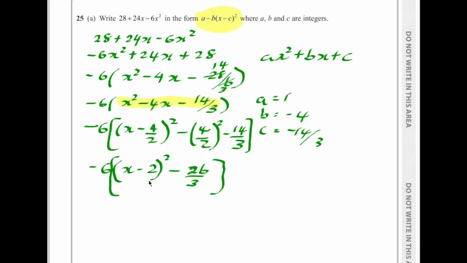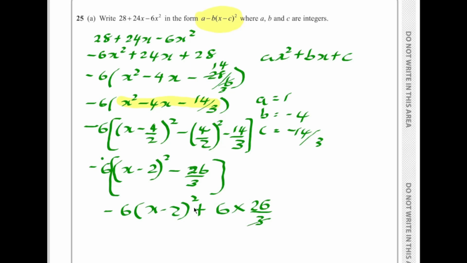Now let's multiply out the brackets. Then minus 6 times x minus 2 squared plus 6 times 26 over 3. Here, minus into minus, I need to multiply this one and this one as it is. So this is minus, it gets positive.